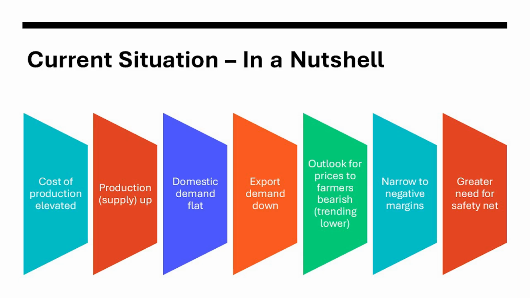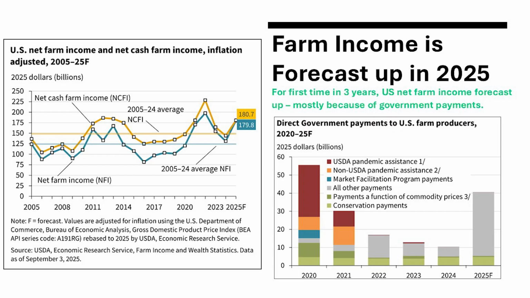Last year, word got out that things were difficult in the ag economy, with, again, tight margins, negative margins in some situations, especially on land that's rented. And so the government said, okay, in December of 2024, they signed in some legislation to do some emergency financial assistance as well as some disaster assistance for growers. And so you can see this chart here.